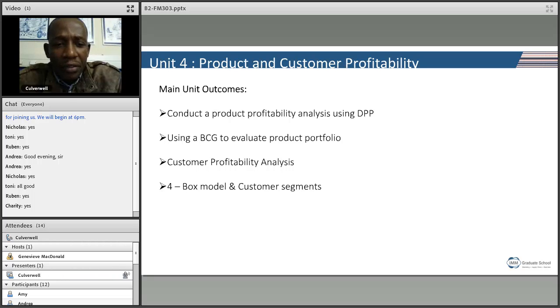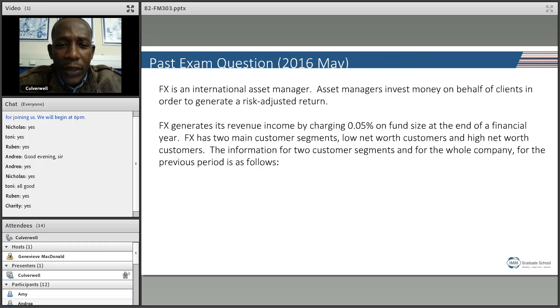After you've conducted the customer profitability analysis, you then use the four-box model and also customer segments to help you do the interpretation and pick up strategies moving into the future. So basically these are the four main unit outcomes of Unit 4.